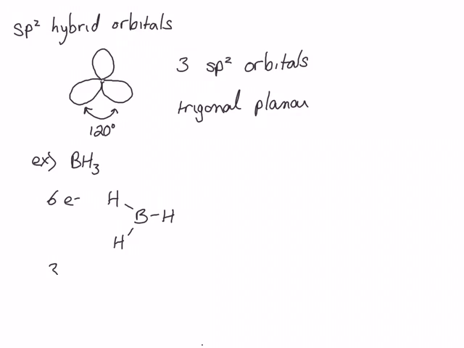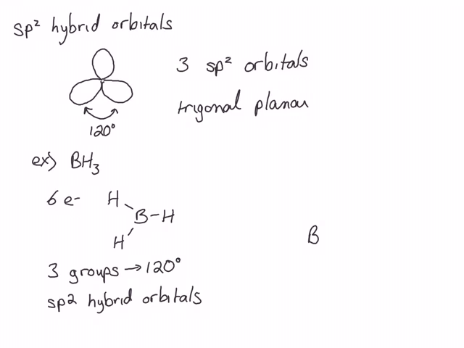We have 3 groups on boron. That's going to give us 120 degree bond angles, and that's going to mean that we need 3 hybrid orbitals. So we'll have sp2 hybrid orbitals. So if we draw a picture of the bonding in this molecule, again we'll have boron in the middle.